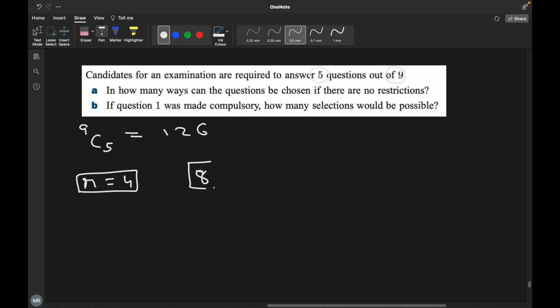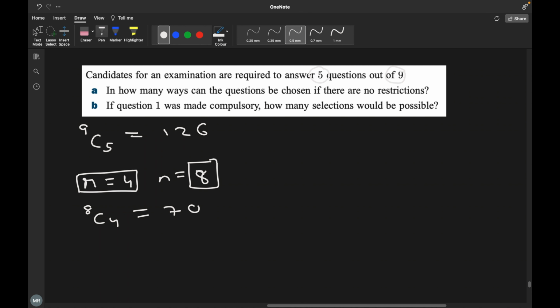We have 8 now, right? Because since one of them is compulsory, we don't have a choice to exclude it, and therefore we have to remove that. And we're left with n equals 8. And therefore, 8C4 would be our answer.